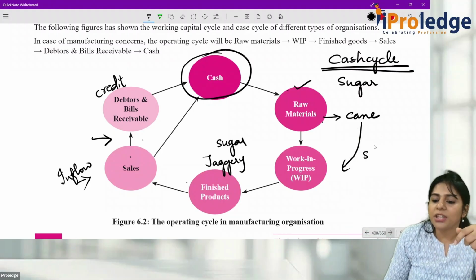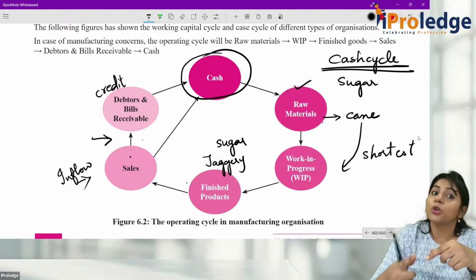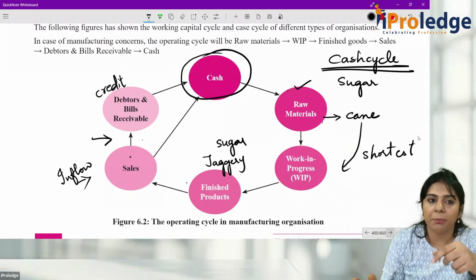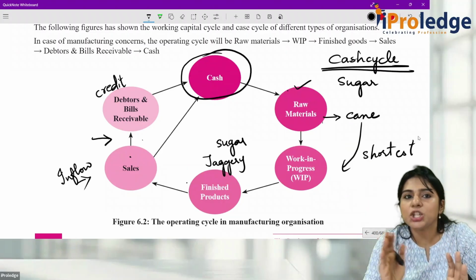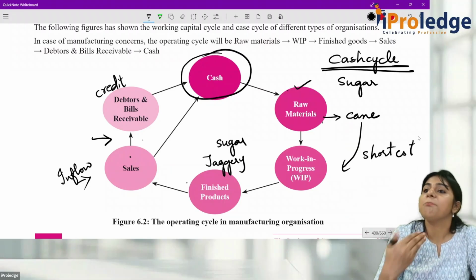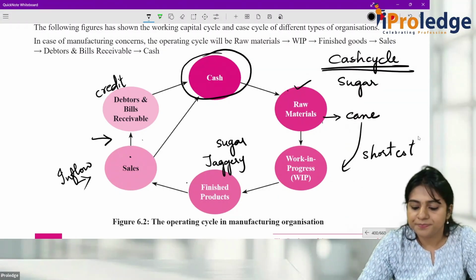The shorter you keep it, the better for you. If you prolong it, it is going to hit your working capital requirement. Ensure you plan your cash cycle in such a way that it is the shortest and it generates the maximum money for you so that you don't face a working capital crunch.